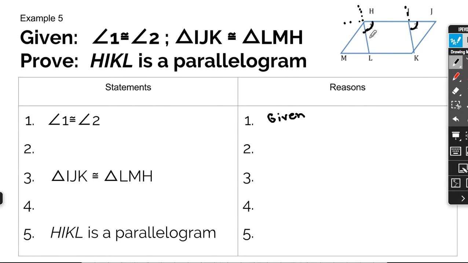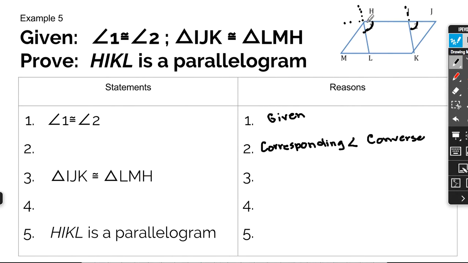Those are corresponding angles. So if I can prove that, since I already have that these angles are congruent, I can use the converse of the corresponding angles postulate to say that the lines are parallel. So the pair is corresponding. And since I'm proving parallel, it is the converse.